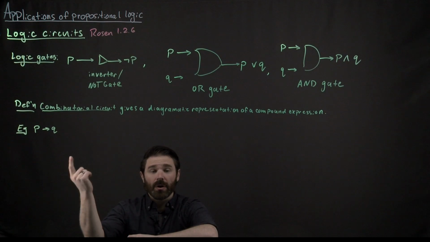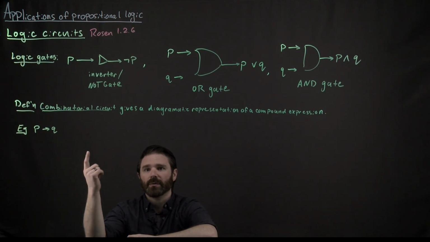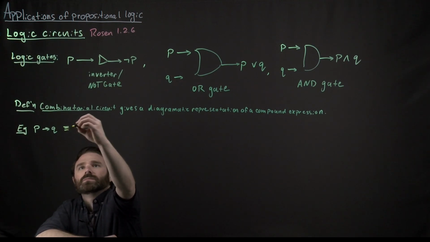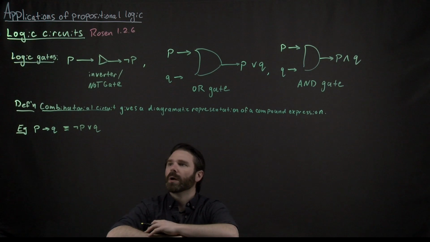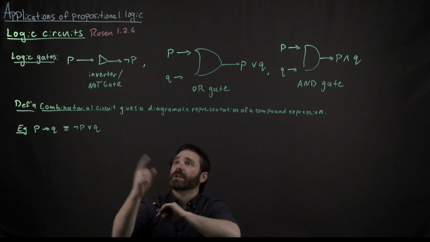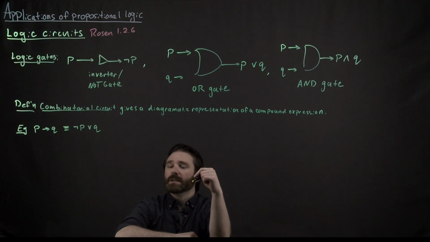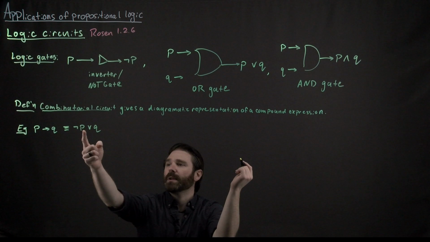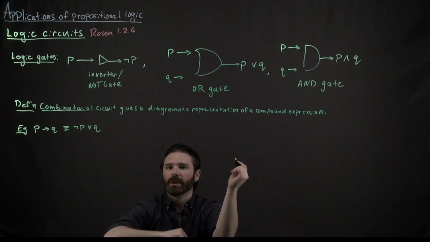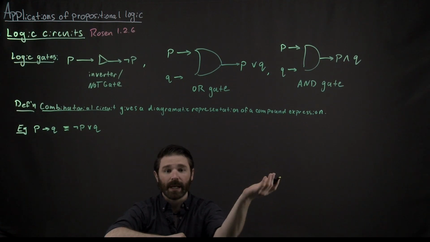Well, we already know that this thing is logically equivalent to the following statement, not P or Q. Well, great. We have a not and we have an or gate. And we remember our precedence of operators, so we know this not applies to the P before we apply the Q right here.